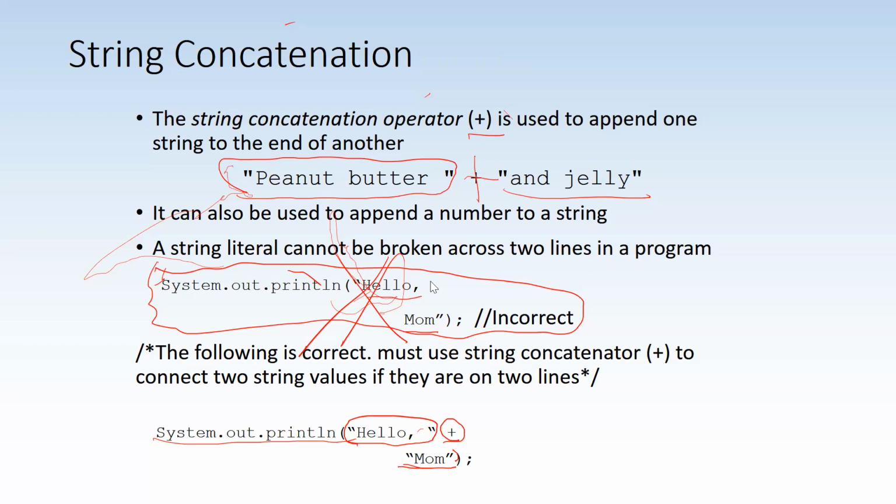This is simply wrong here. You cannot have two lines. You cannot break a string into two lines. This is white space here, right? That's the white space you want. So if you want to break it into two lines, you need to concatenate them.